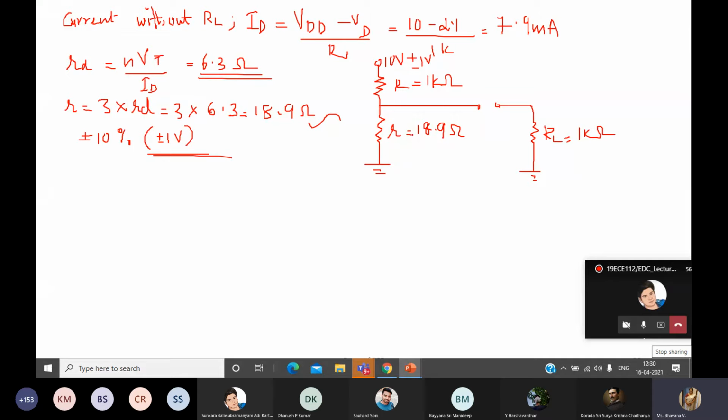Now draw the circuit. This one. R equal to 1K. Three diodes have a total incremental resistance of 18.9 ohms.